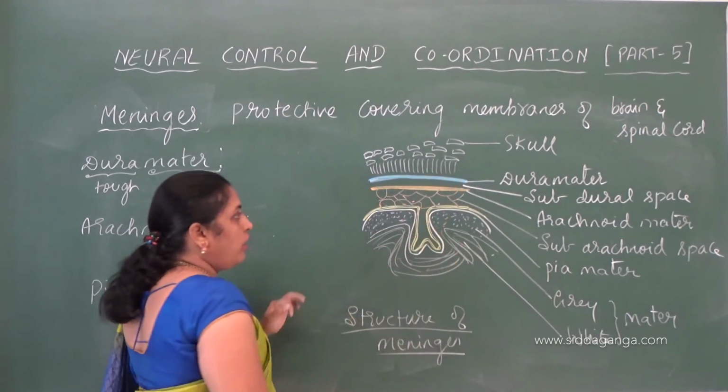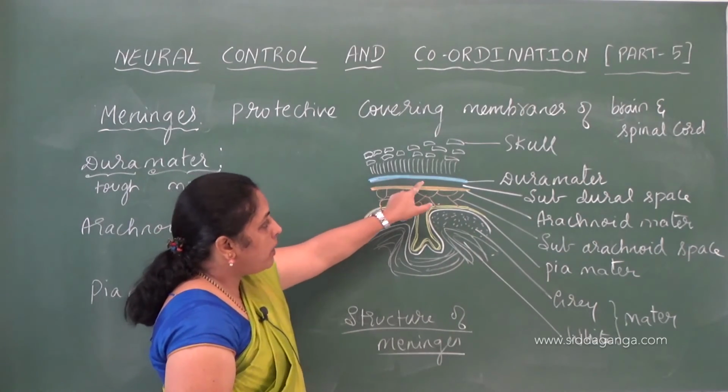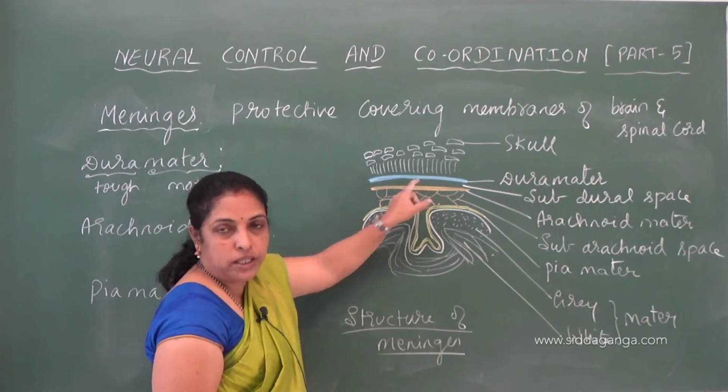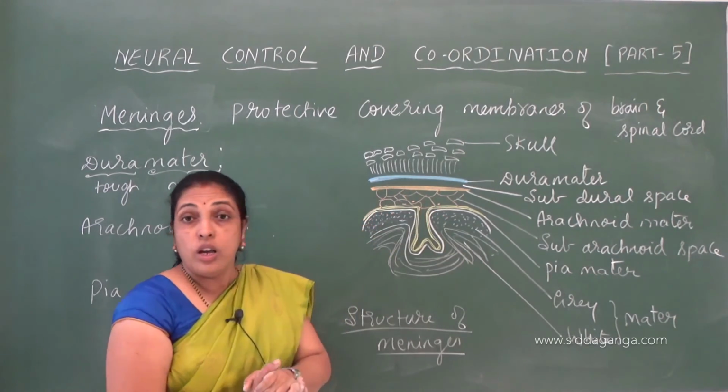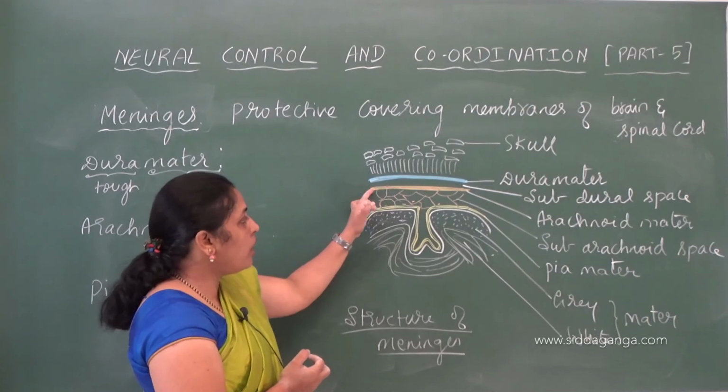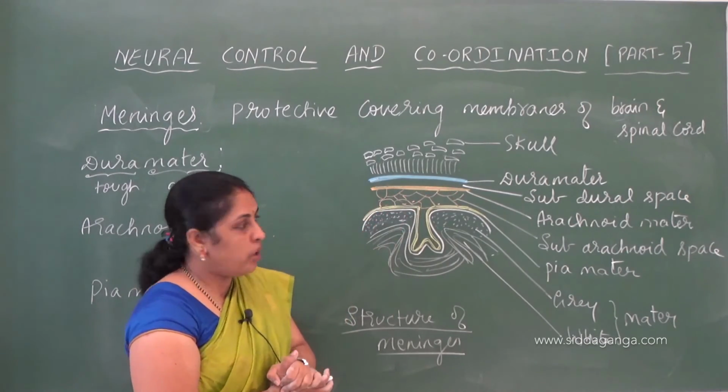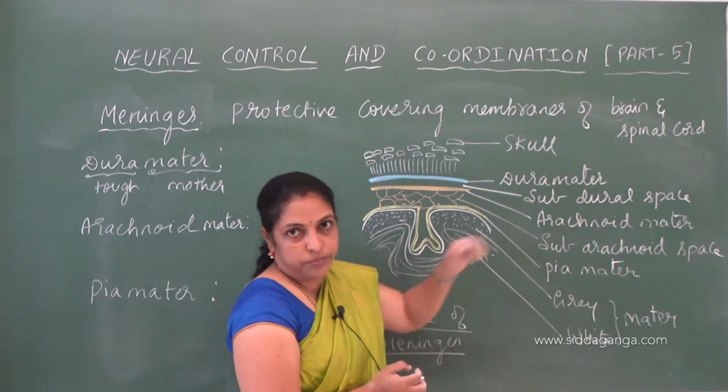Below the dura mater, we see a space that is called subdural space. Below that we see a second meningeal layer called arachnoid mater.